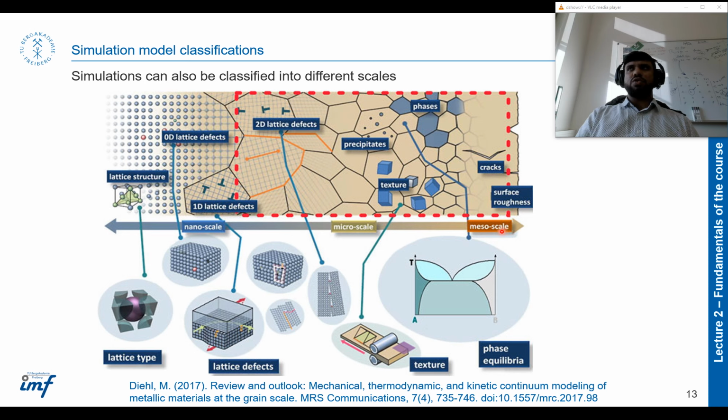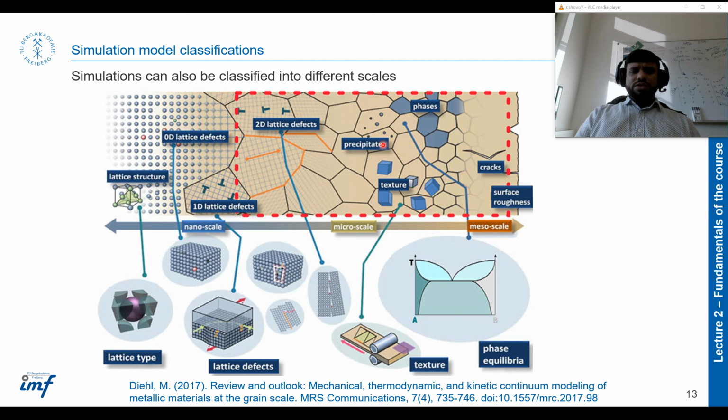So does it undergo bending, does it undergo tension or compression, and how is it deforming. But we know from the fundamentals of materials and plastic deformation that the bulk deformation behavior of the material is generally dependent on its microstructural attributes. So it's the size and the orientation of the grains and then the microstructural constituents.